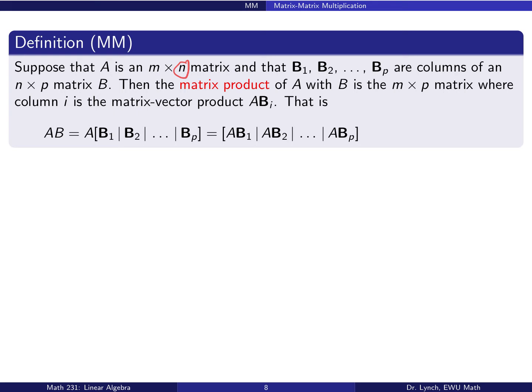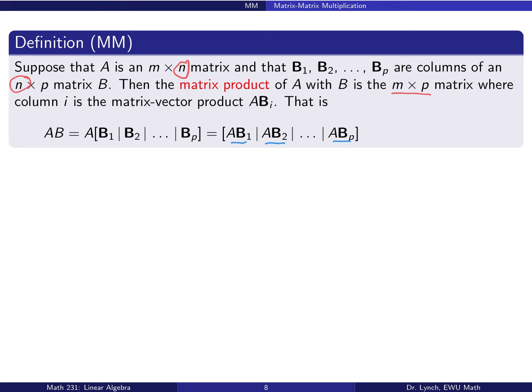That matrix product is m by p, when B has n rows, and it is defined in terms of a whole bunch of different matrix vector products.